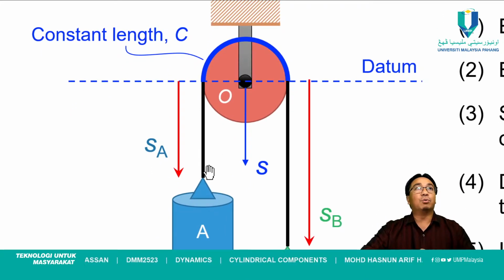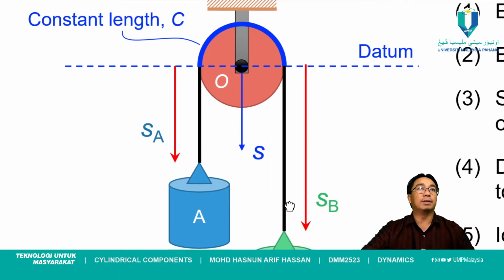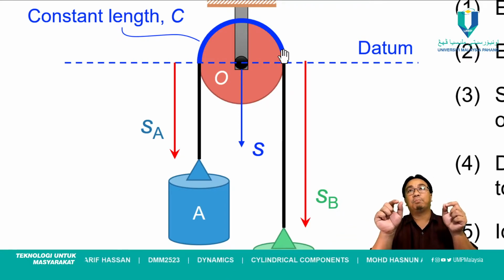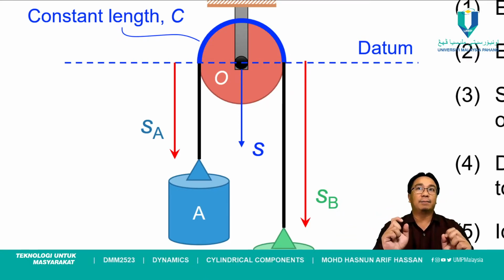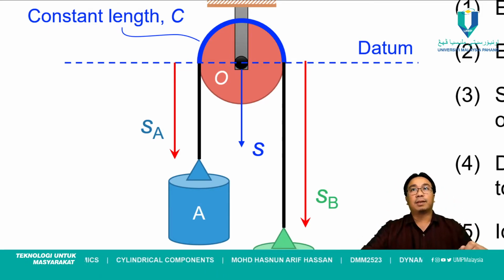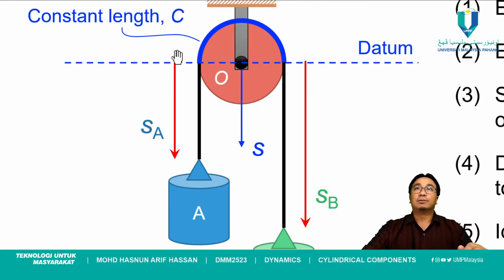Tali tadi yang berwarna hitam daripada A straight wrap around the pulley sehingga ke B, sehingga ke bawah ini B. Dan pada sepanjang masa tali yang berada di atas pulley ini, dia kekal dengan panjang yang sama, dia tidak berubah. You boleh imagine tak throughout the motion? Can you imagine? Boleh? Yes. Okay, good. So, this is the constant length.